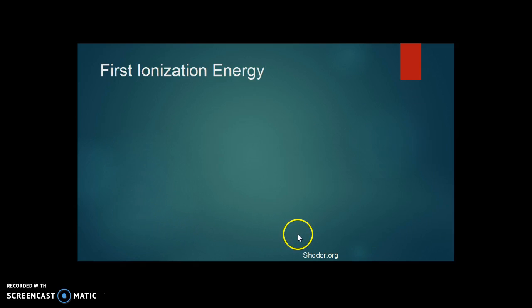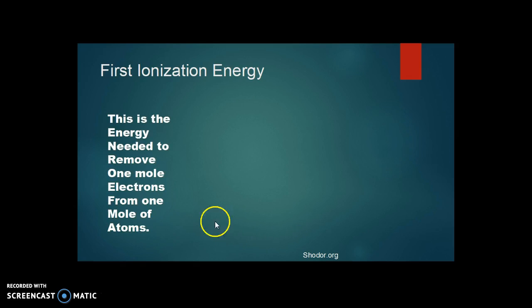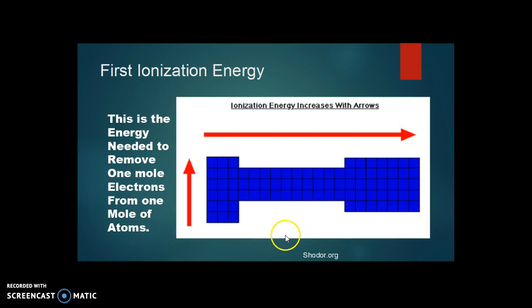First ionization energy, as you can imagine, is definitely connected to the tug of the outer shell electrons by the nucleus. That's the energy needed to remove 1 mole of electrons from 1 mole of atoms. And as you can see, and as you can expect, as we get smaller and smaller atoms with more and more nuclear charge going left to right, the ionization energy is increasing.